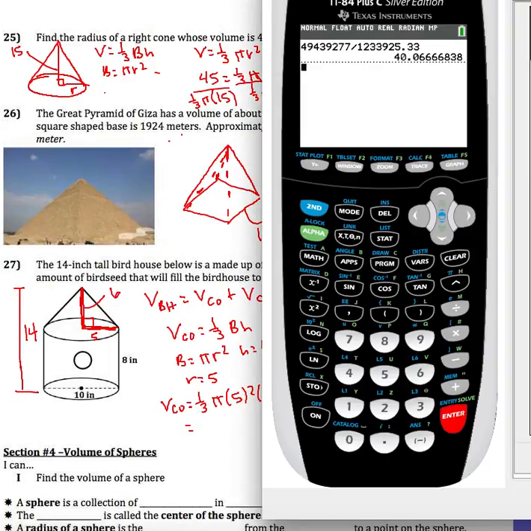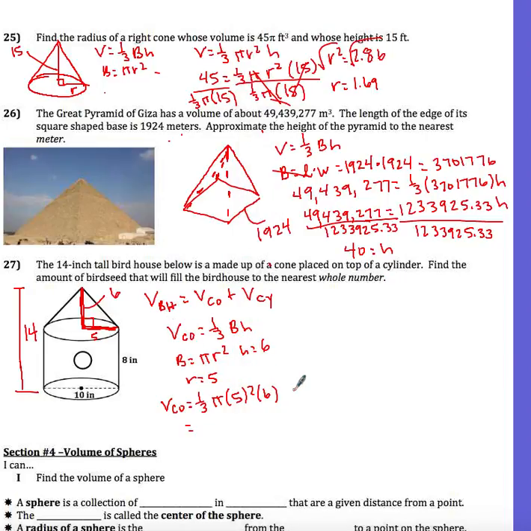So I can plug that in the calculator, and that gives you 157.08. It does say round to the nearest whole, so let's just leave it at 157.